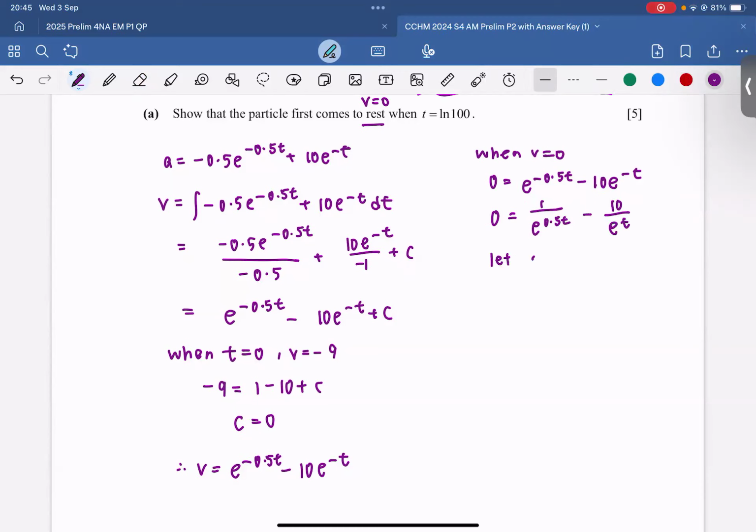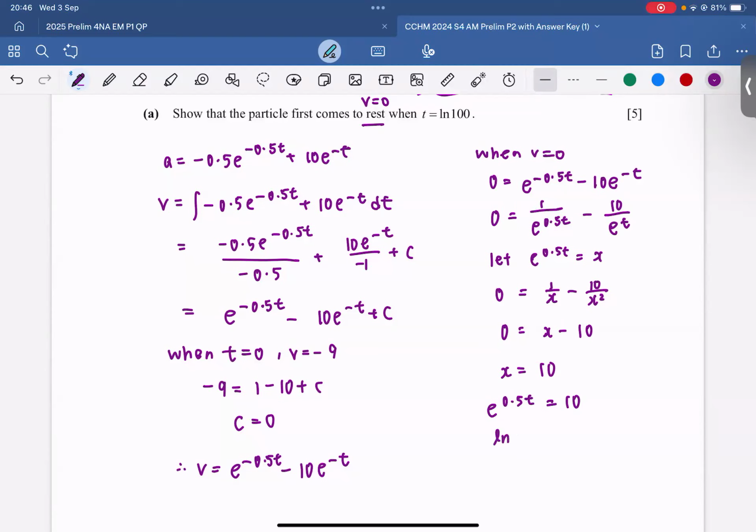I can let e to the power 0.5t be equal to x. And you can see this is just 1 over x, and this is just 10 over x squared. Multiply by x squared throughout. We have this. So x equals 10. So e to the power 0.5t equals 10.